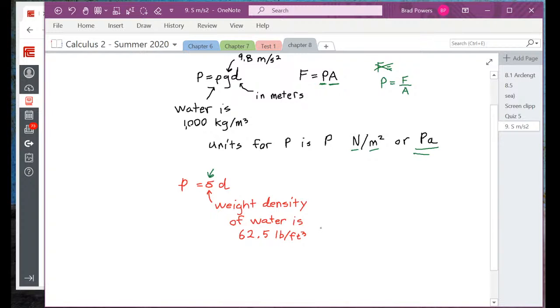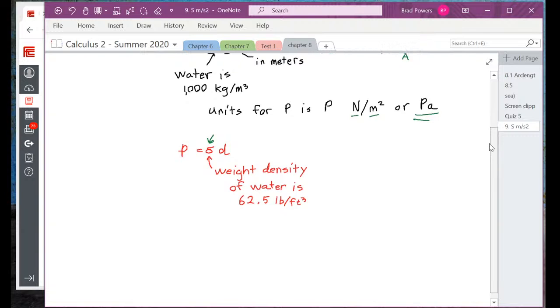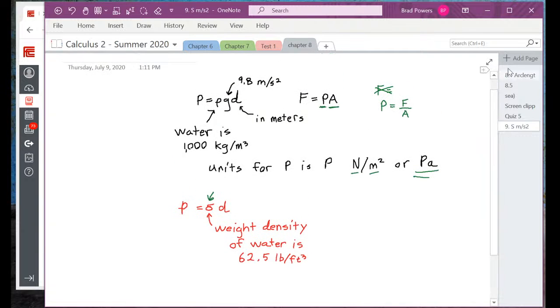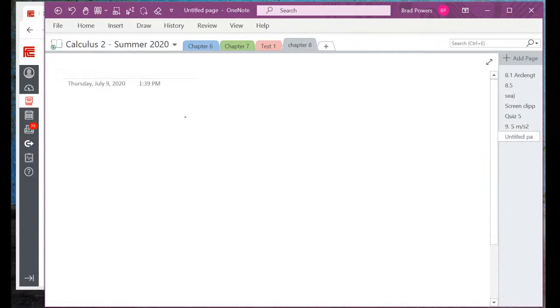And so in any case, we have pressure. And when we want the actual force put upon something, we're going to need force is pressure times area. So without further ado, let's add a page and let's get a problem to work on.